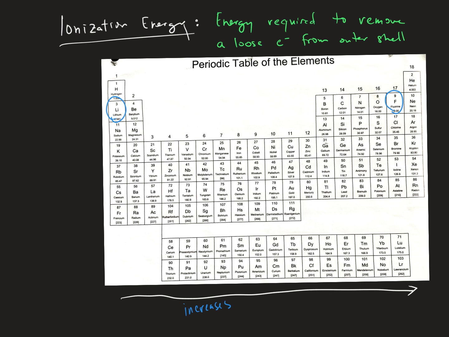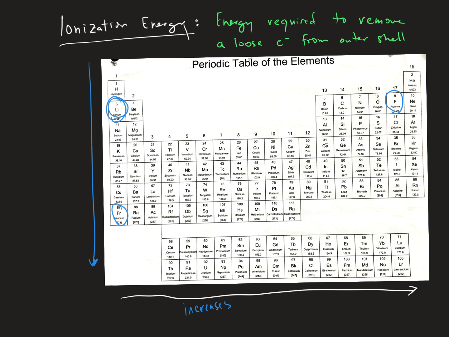What about going from top to bottom? Is it harder to pull an electron off of lithium or francium? They both want to get rid of one. Which one's easier to pull it from? Here's francium, strong magnet. Where's the electron you want to pull off? Right out here, clear out here.